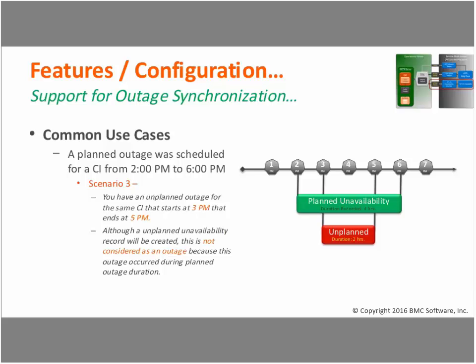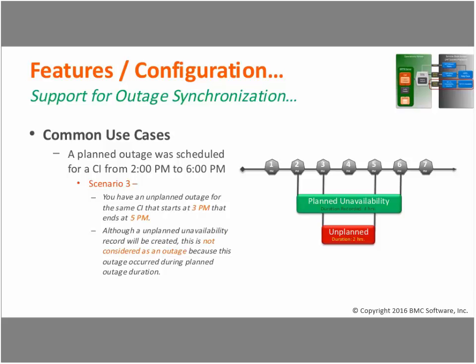And as a result, in this case, the actual outage fell within the window of the expectations that we've set for the customer, in which case the net unplanned actual unavailability from a service level management standpoint is 0. There is no outage because it was done within the window for which we've already planned and set expectations with the customer.